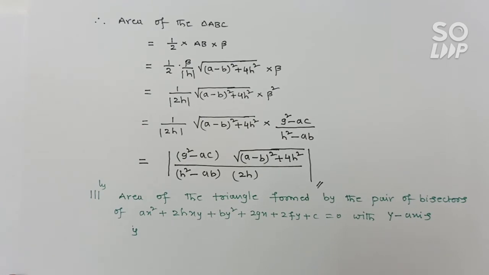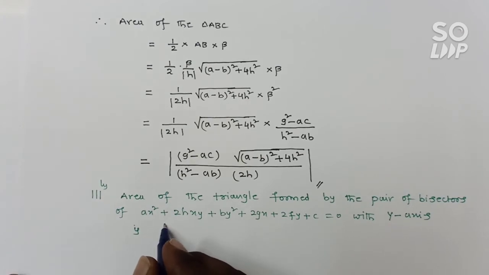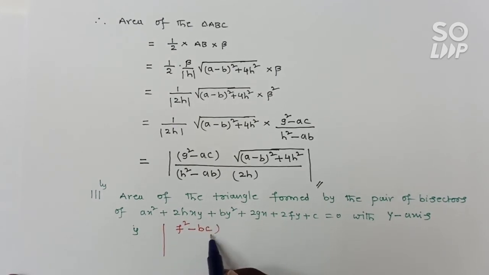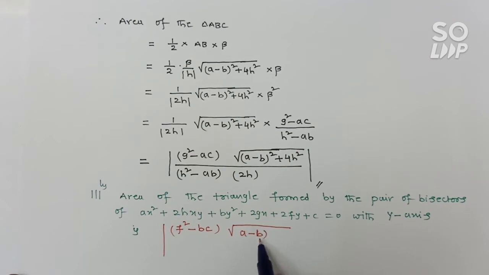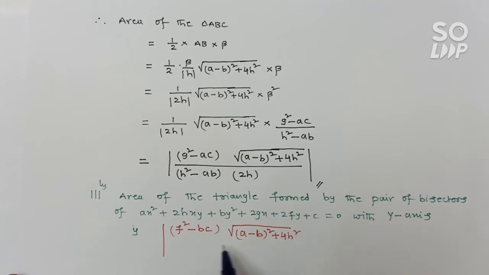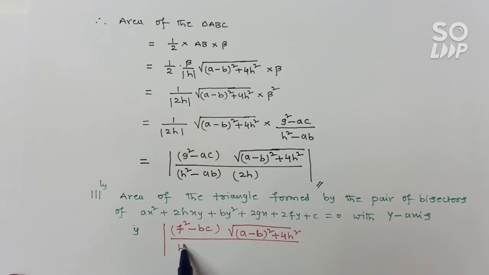So that value will be equal to modulus of (f square minus bc) into the square root of (a minus b) whole square plus 4 into h square, whole divided by (h square minus ab) into 2h.